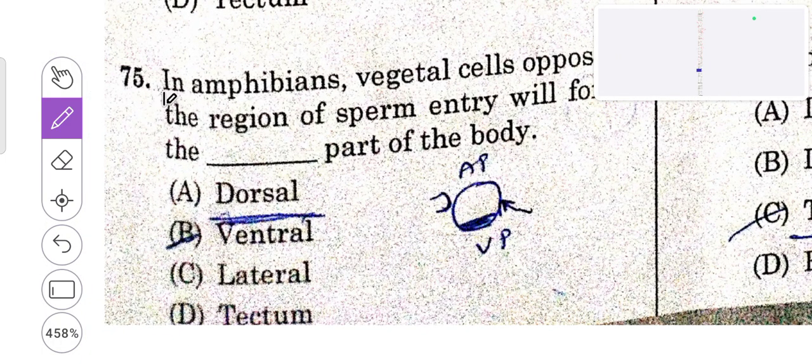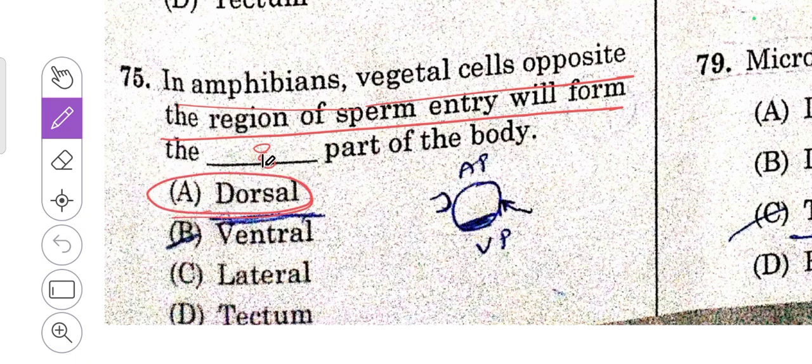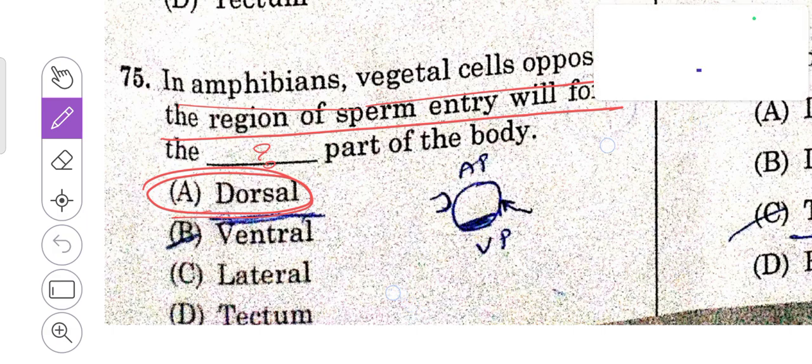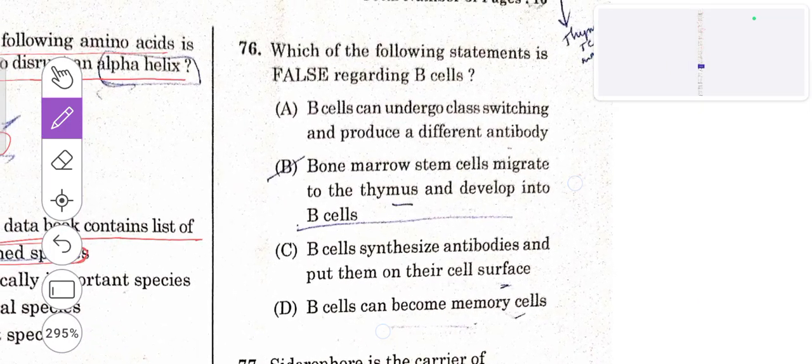75th question. In amphibians, vegetal cells opposite the region of sperm entry will form the dash part of the body, that is, the dorsal part of the body will get formed. 75 is the right answer. 76th question.